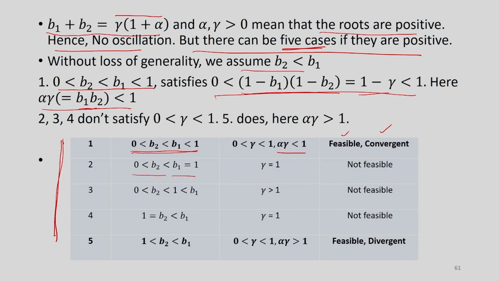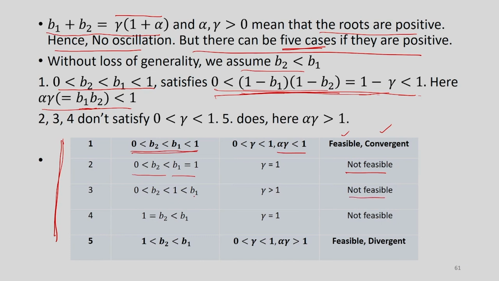Now, that is not possible. The reason being that if b1 is equal to 1, then 1 minus b1 is equal to 0. So, this condition is no longer satisfied, right. The product has to be greater than 0, but here the product is turning out to be 0. So, this is not feasible. Similarly, this is not feasible.